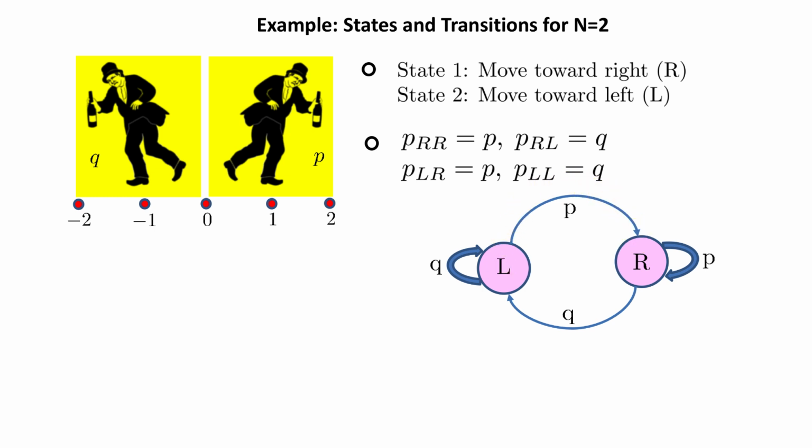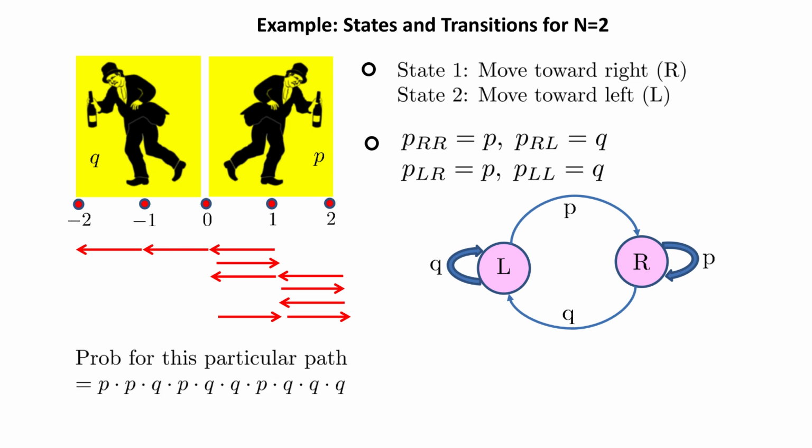Let's now see how chains are made for this system. Here he has moved to the right, again right, then left, right, left, left, right, left, left, left. The probability for this particular path is obvious. It's p for every time he moves to the right, q for every time he moves to the left.